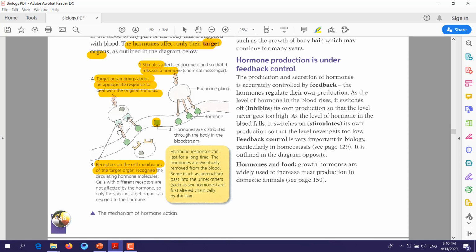Then this hormone goes into the cell, and the target cell brings about an appropriate response. Here we call it the mechanism of hormone action. You need to know how to draw it and also explain it.